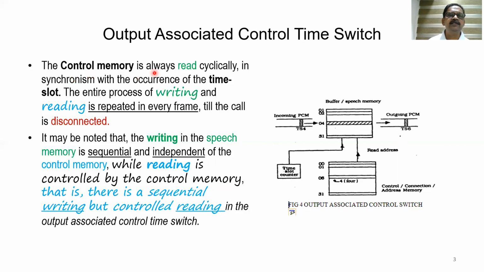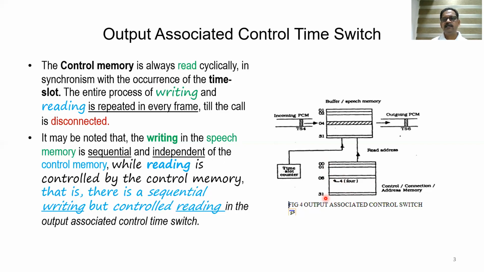The control memory is always read cyclically in synchronism with the occurrence of the time slot. The entire process of writing and reading is repeated in every frame till the call is completed and disconnected. So it is always read out cyclically: 0, 1, and so on up to 6, then to 31.